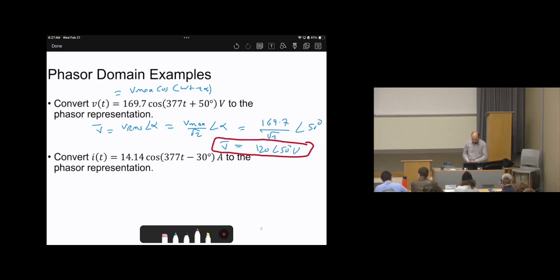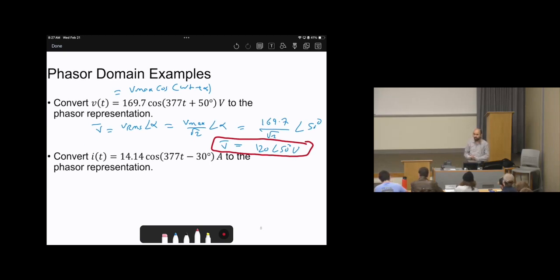Now, how about the next one? Try it and tell me the answer. It's your turn. We need to convert this to the phasor domain.